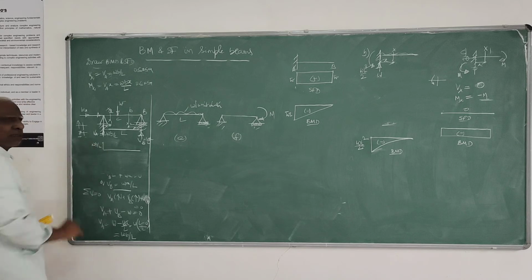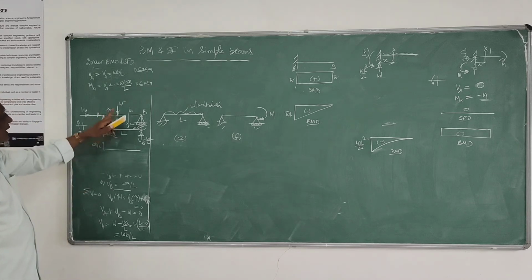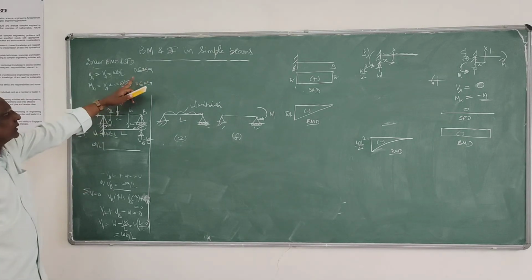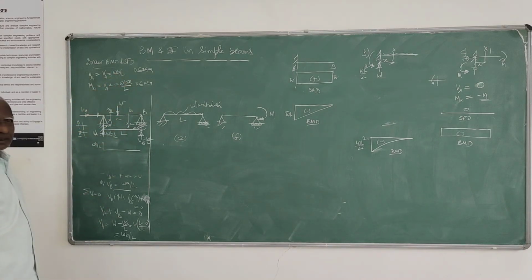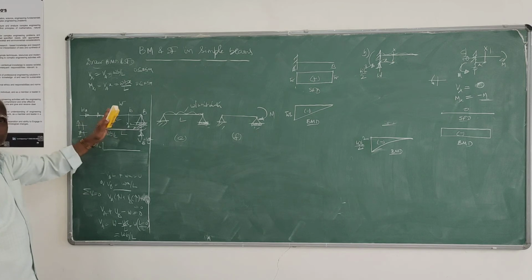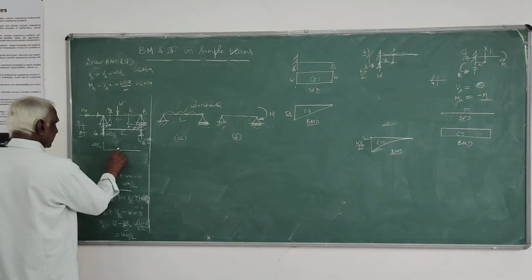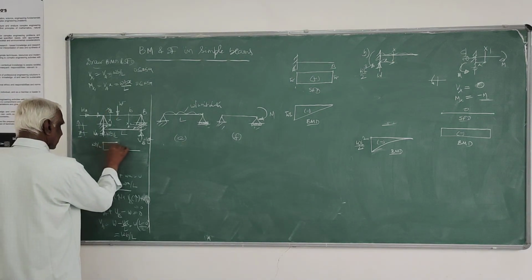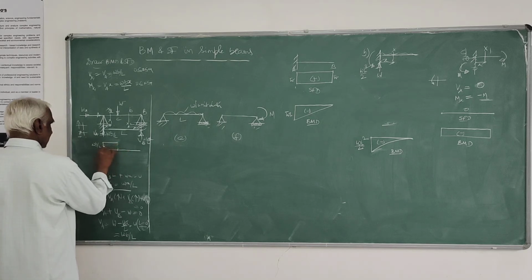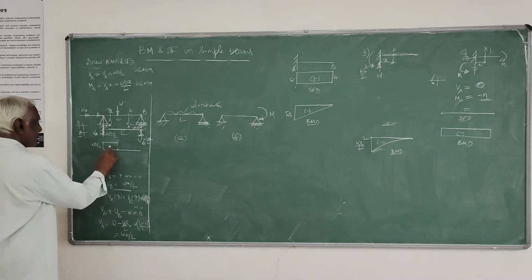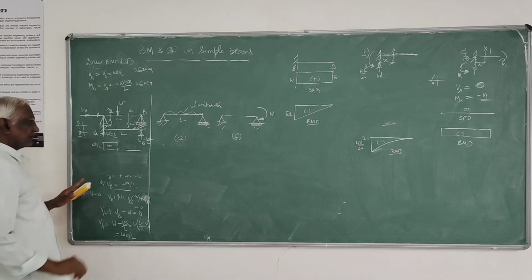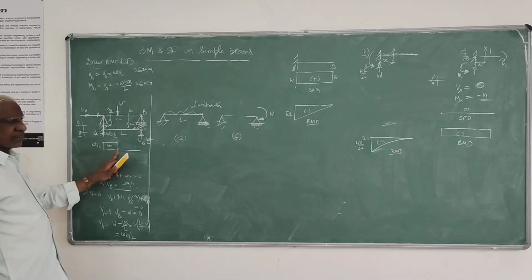When x is equal to a, it is WAB by L. Now when x equals a, it is also WB by L only. So it is positive. This is SFD from A to C.